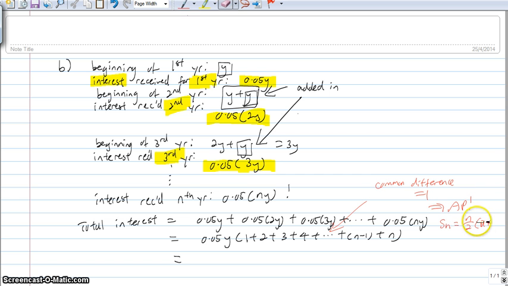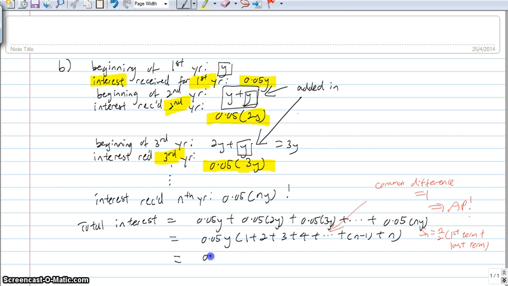Okay, let me rewrite this. So Sn equals n over 2 times first term plus last term. Of course, you can use the other formula, n over 2 times 2a plus n minus 1 times d. But since I know the first term and last term, I might as well use this formula, which is easier.